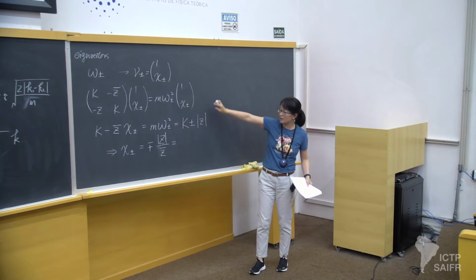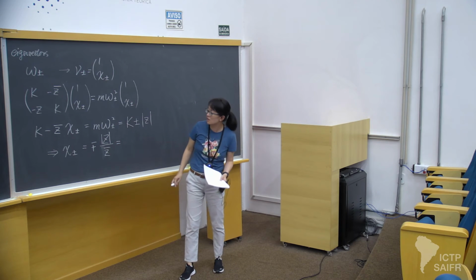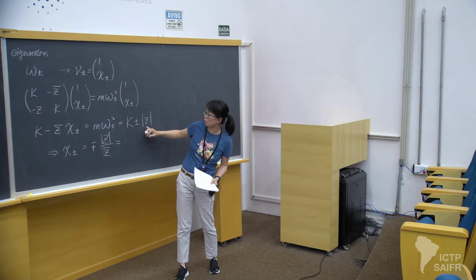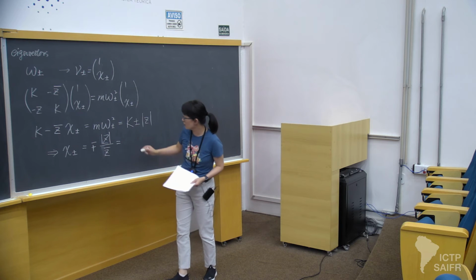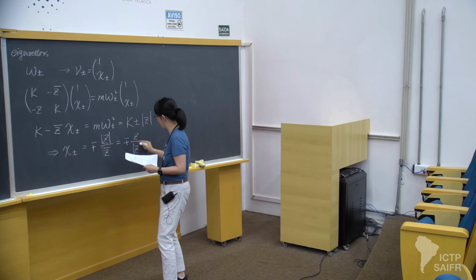So by simply solving this equation, you will see that this chi plus minus is minus plus this mod Z over Z bar, okay? And then you can multiply by Z on both upstairs and downstairs, you get this, okay?